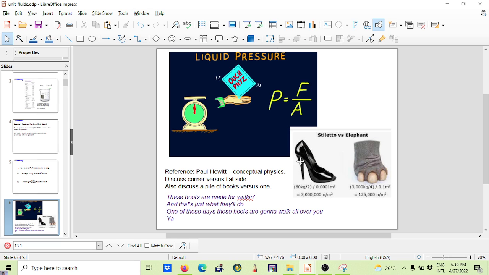What's the pressure exerted upon the floor if you have a woman weighing 60 kilograms standing on the floor compared to the pressure exerted by one foot of an elephant? The elephant is 3 tons, so 3,000 kilograms. And here the woman is 60 kilograms, about 120 pounds, so a skinny woman.